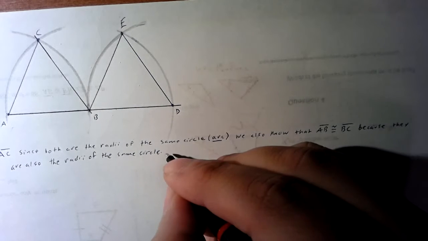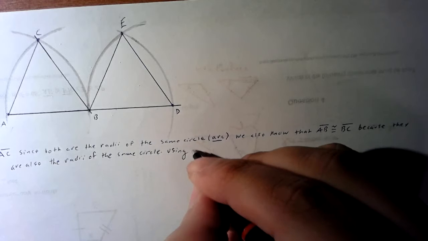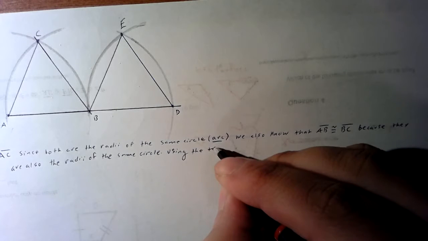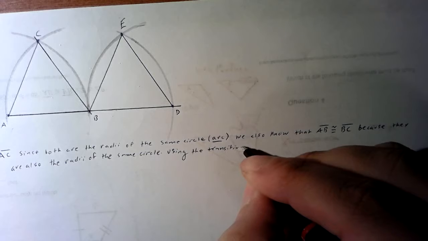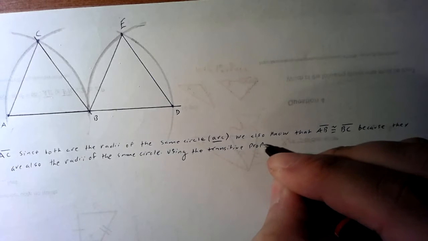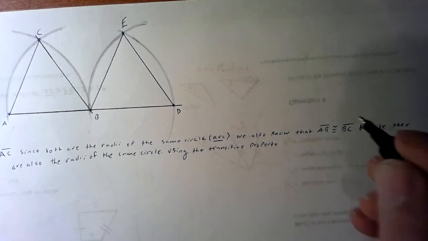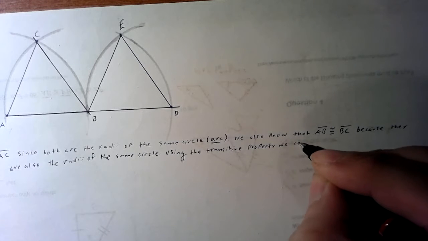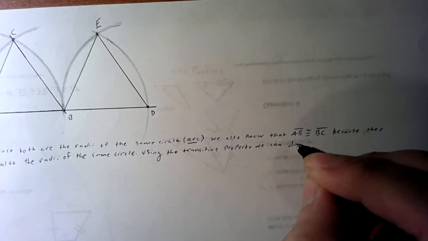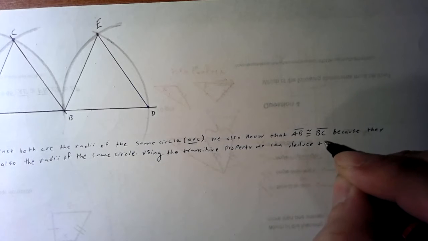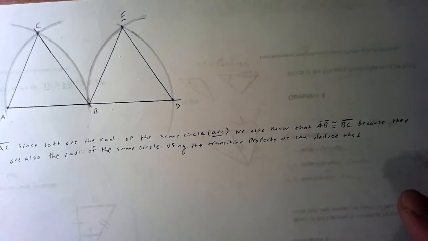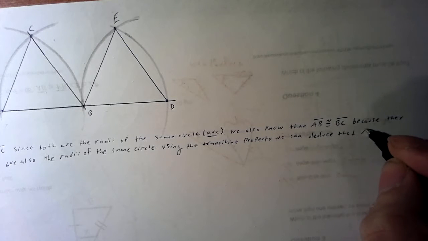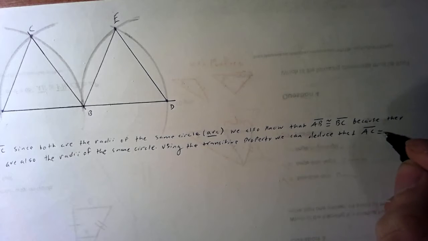Using the transitive property, we can deduce that segment AC is congruent to segment BC.